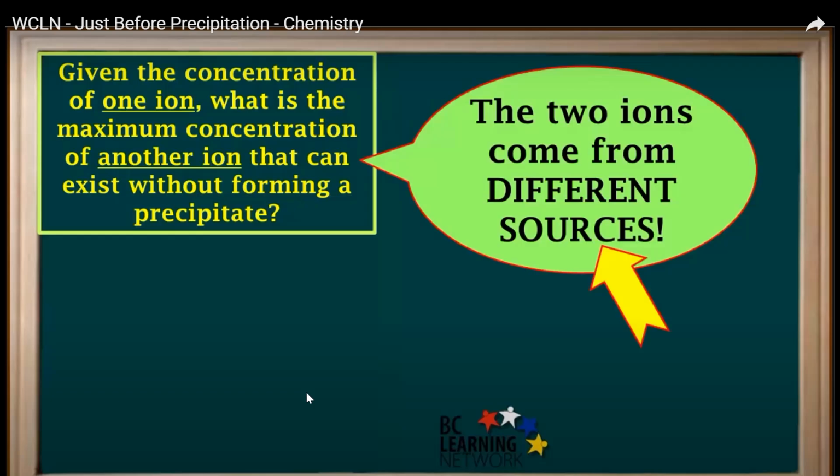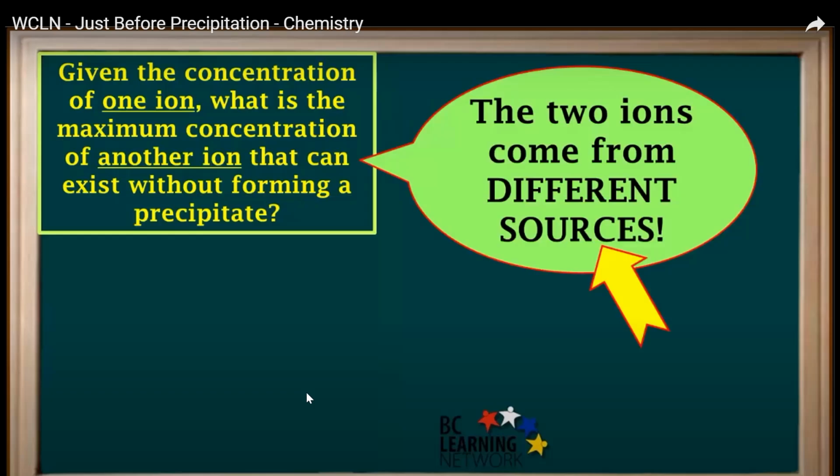If they are smaller than the KSP, we will not get a precipitate. What if we are exactly at KSP? We are just barely saturated, which means that's the maximum ion concentrations that we can have. If you add one more particle of either ion, you will get a precipitate.